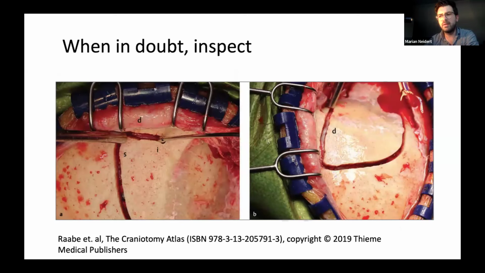And if that's not the case, it's usually not advisable at this position to advance the craniotome further, because then you will for sure tear the dura over a longer length. So the idea would then be to change directions, to come from the other direction, or maybe even place an additional burr hole to avoid a large tear of the dura.